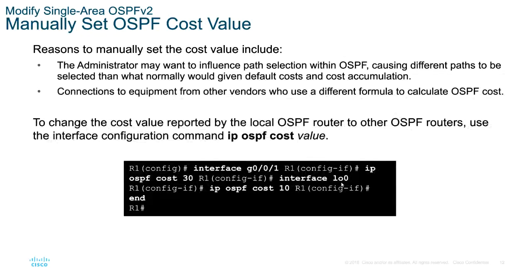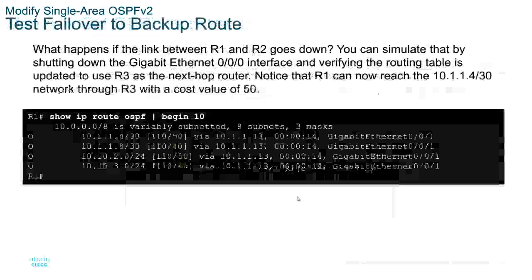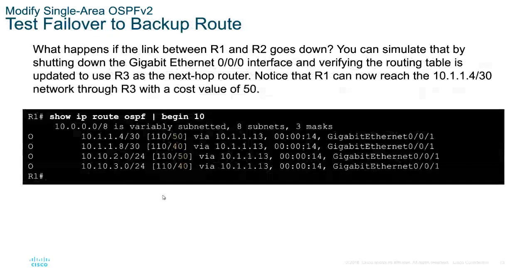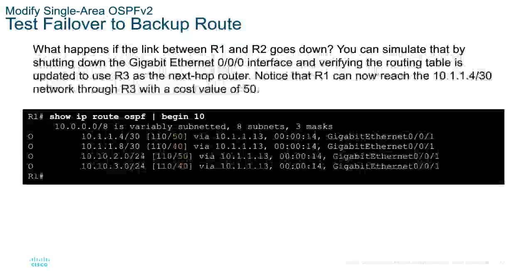Routes received via loopback 0 will now have a cost of 10 added to them, or as they are advertised to our neighbours, these costs will be the ones advertised. So when we look at the cost of getting to our various locations, you'll see the metric values change.